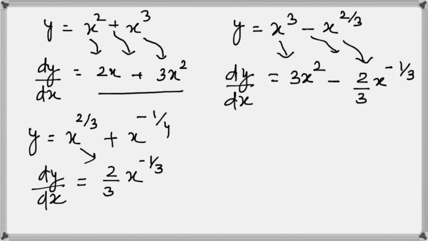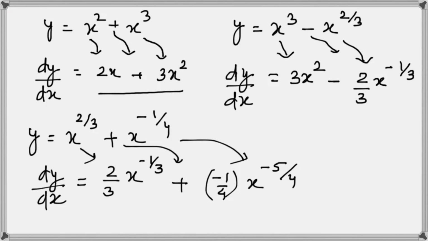This is the answer for x to the power 2 by 3, and for x to the power minus 1 by 4 we will get minus 1 upon 4 into x to the power minus 5 upon 4, and then you copy this sign here and you have the answer as 2 by 3 x to the power minus 1 by 3, and plus minus becomes minus 1 by 4 x to the power minus 5 by 4.